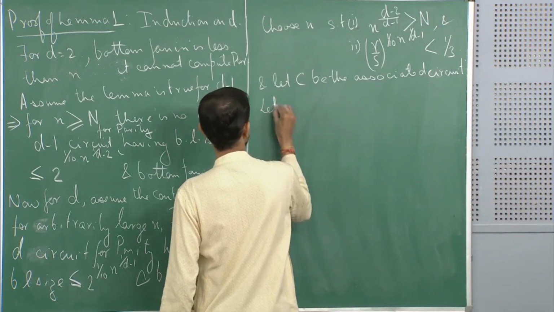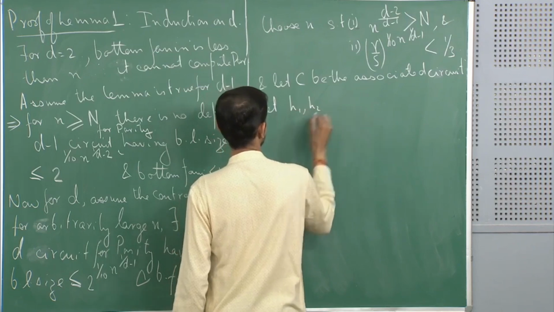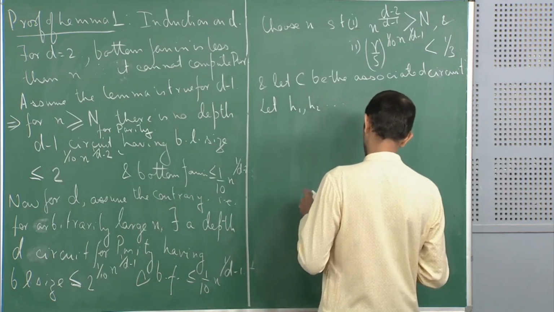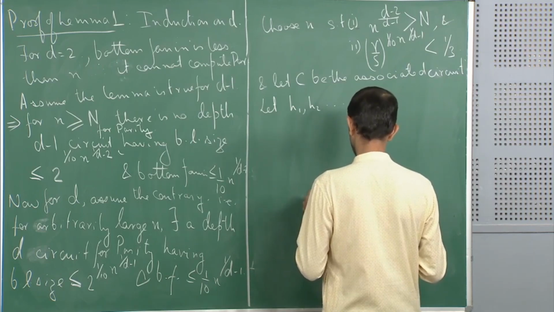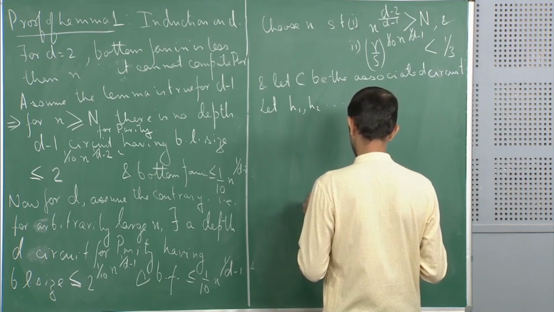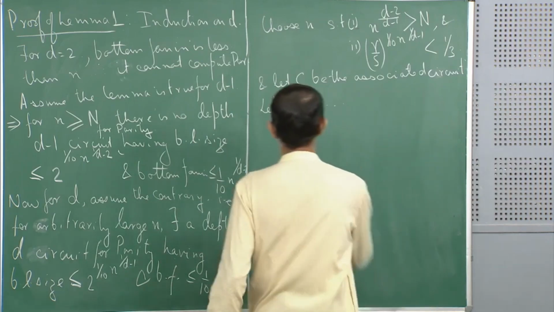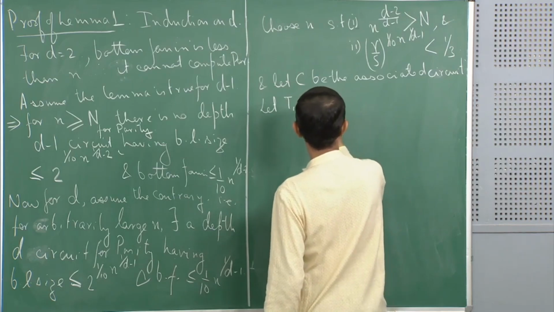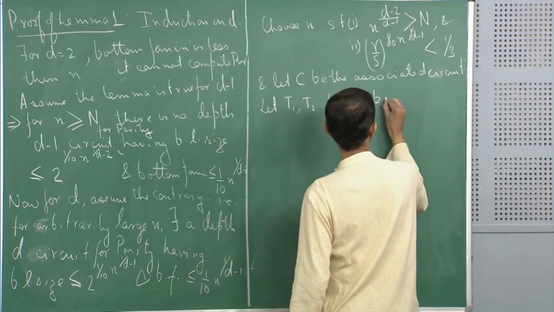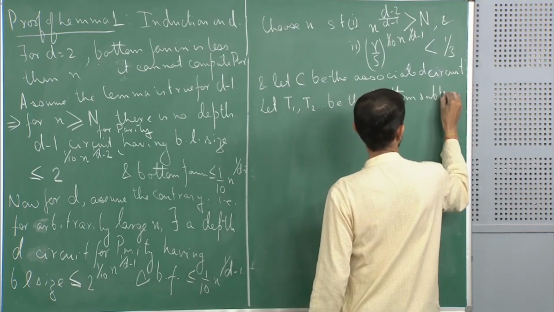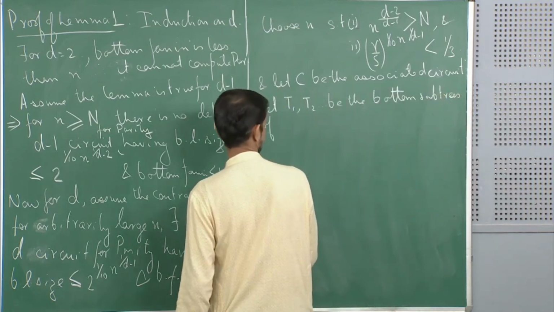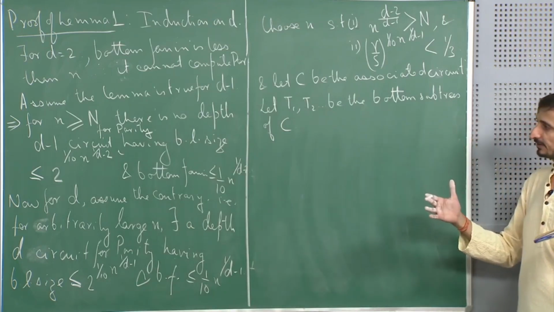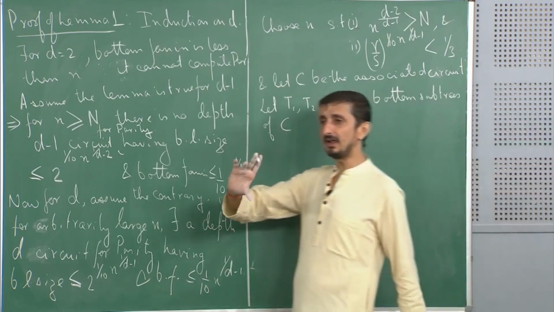Let T1, T2, ... be the bottom subtrees of C. So, we have this circuit C, and by bottom subtree I mean the subtree that we get by considering the last two layers.